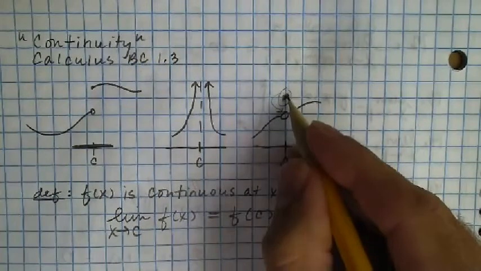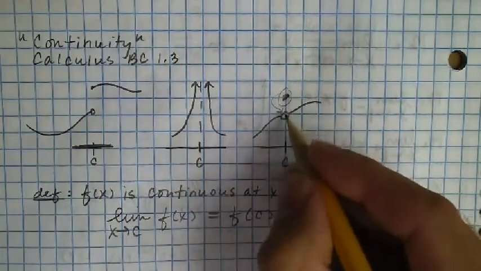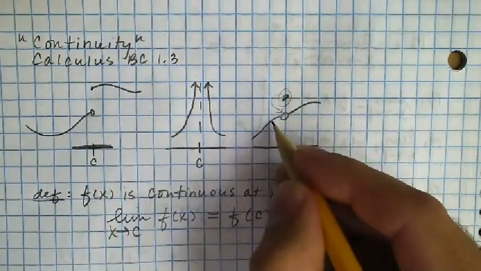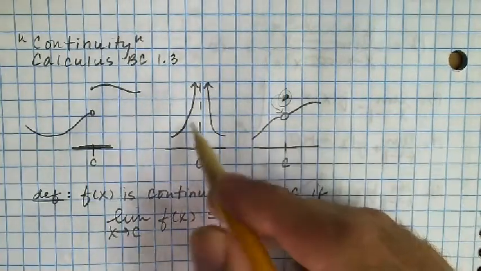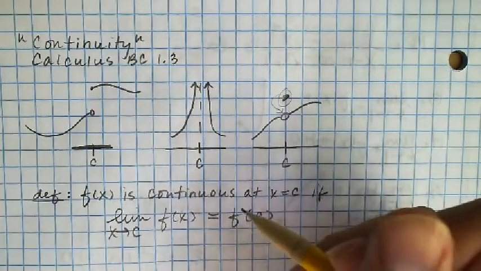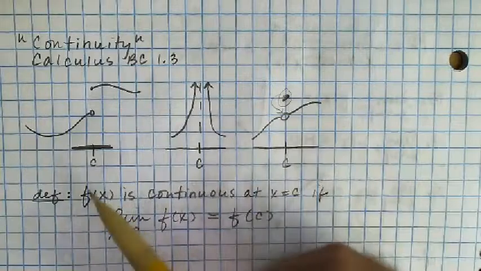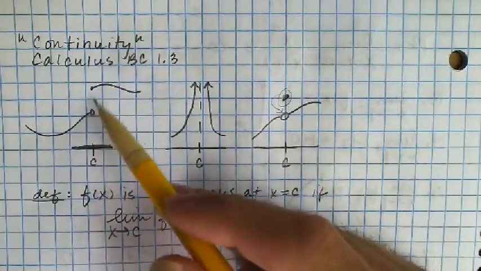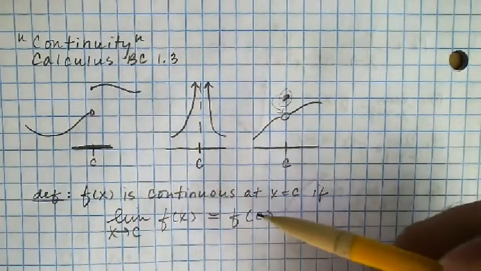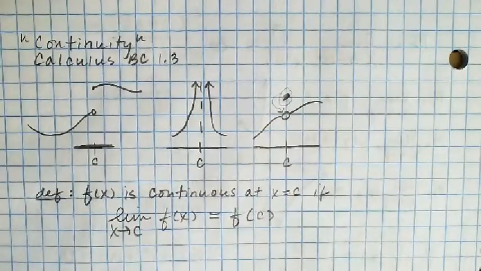Right? Because if we have the limit and it's not equal to the value of the function, we have a discontinuity. If the function is not even defined, then we don't even have a chance to be continuous. Here, the limit doesn't exist, so it can't equal the value of the function.